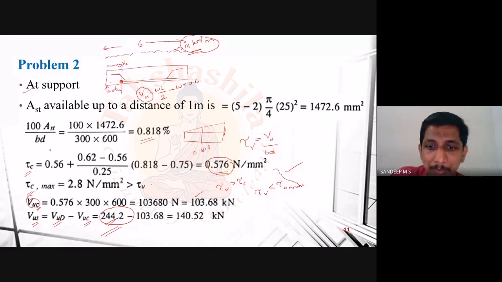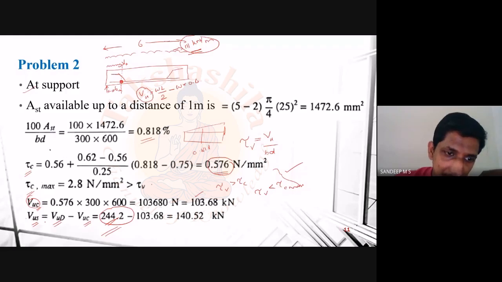Okay, now the remaining part. Out of this 244.2, 103.68 is safely taken up by my concrete section alone. Now for the remaining force, I have to actually provide the stirrups, and I can take up the help of bent up bars also in this particular problem. So I need to first of all find out how much is that remaining quantity, that is the quantity that should be resisted by the stirrups and bent up bars.